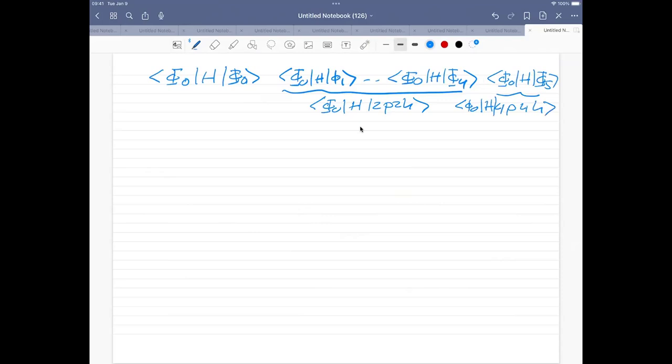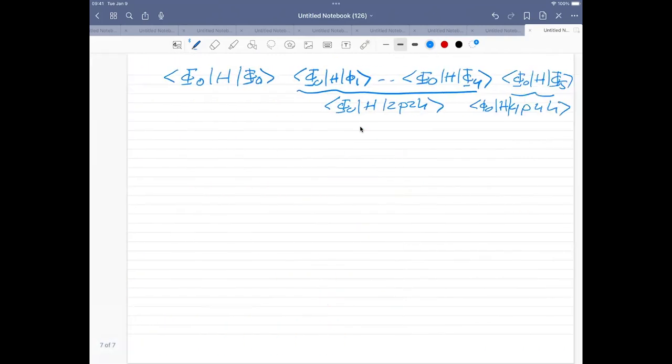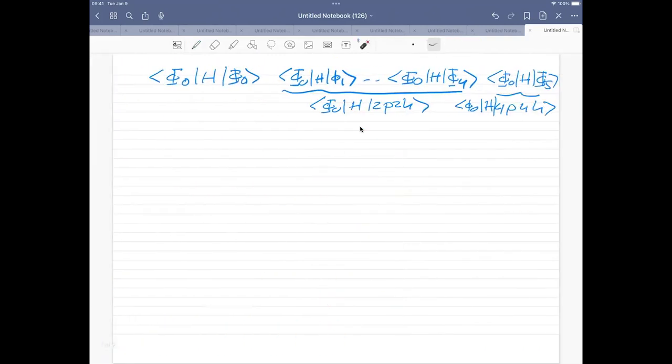So in this particular case, if you look at the problem which we have, and if I tell you that we are only dealing with a Hamiltonian which acts at most on 2 particles, so it has at most a 2-body operator, what would the value be for this term here?